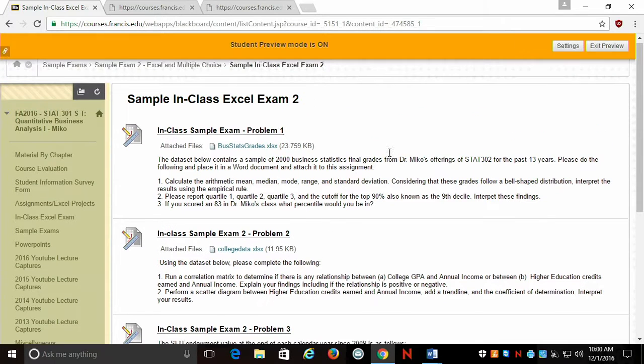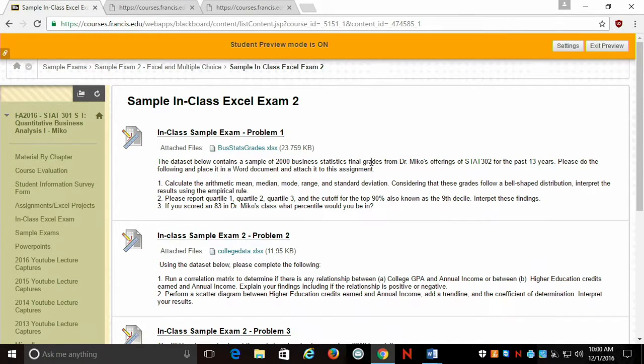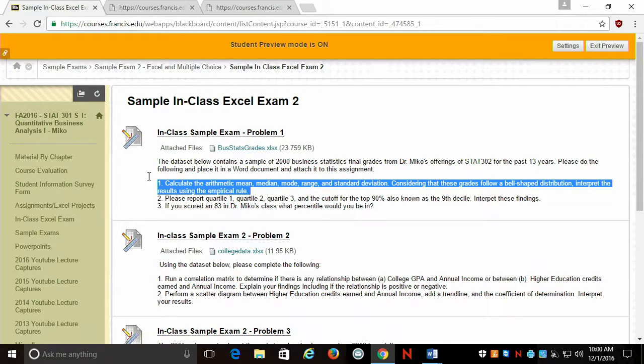So really, from the Excel portion here, this is really the only one that you could do. You'd have something like this. I'd give you data and say, calculate the arithmetic mean, median, mode, range, standard deviation. Considering these grades follow a bell-shaped distribution, interpret the results using the empirical rule. So those are the 3 possible Excel things to do, right?